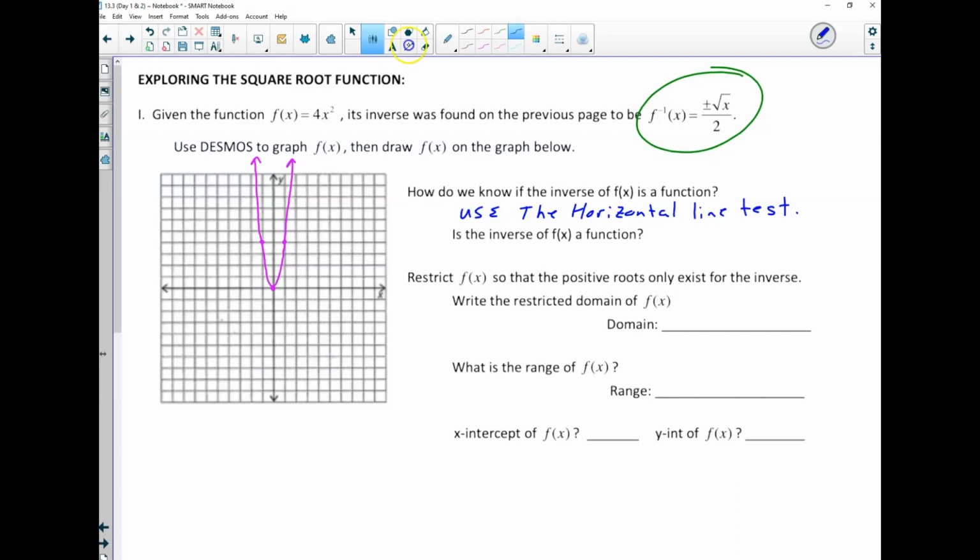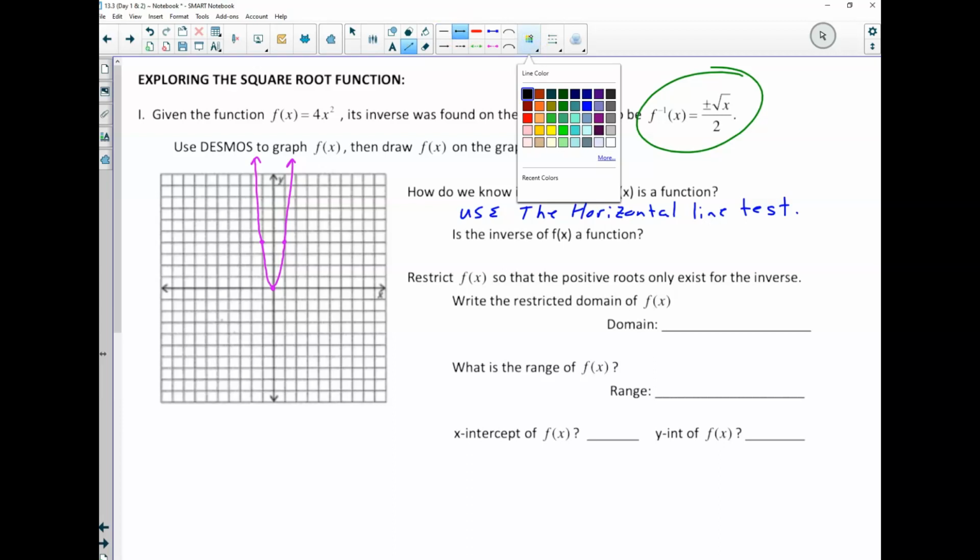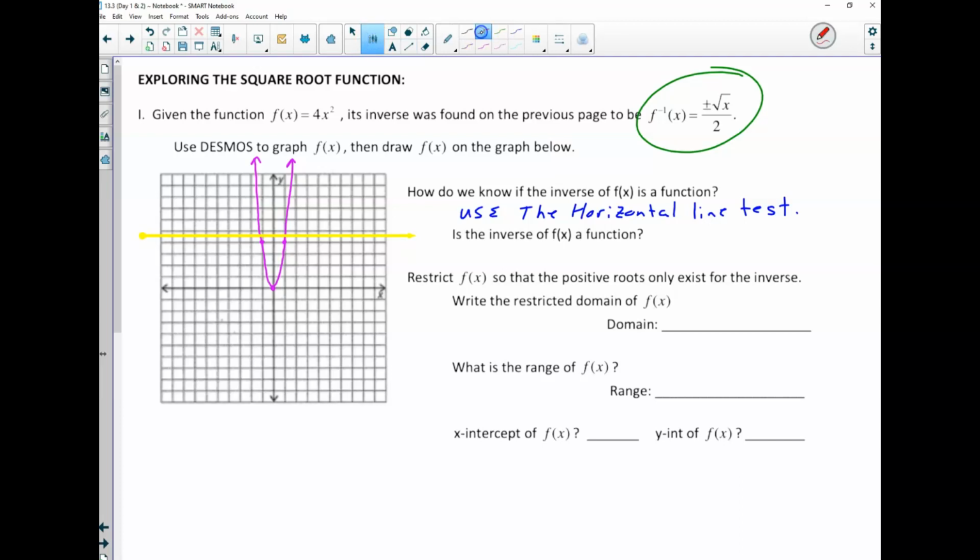So I'm going to grab a line here, and I can see that line is actually hitting in 2 spots, okay? So because I'm hitting 2 spots, is the inverse of f of x a function? No, it is not, because that means it is not 1-to-1. So I'm going to put a no here, and then I'm going to delete this little guy off.